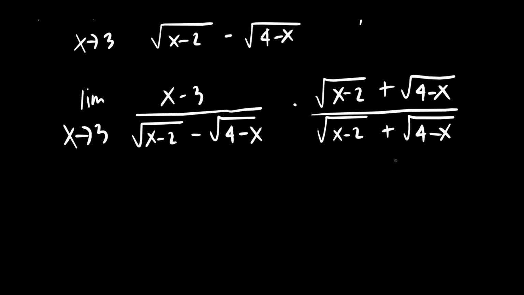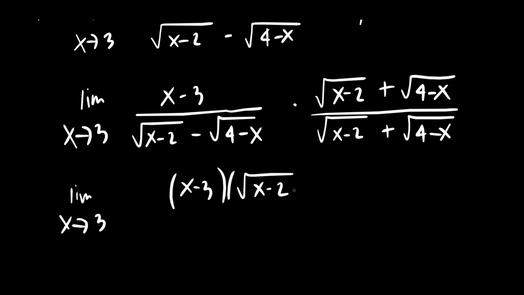So we'll have further evaluation. We'll combine these two. So x minus 3 multiplied by square root of x minus 2 plus square root of 4 minus x.